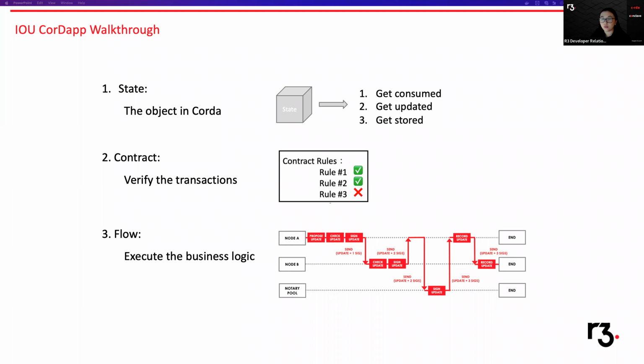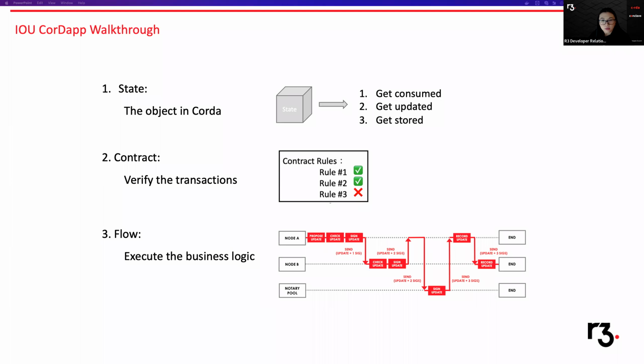In this session, I want to focus more on the CSDE. But as a brief explanation, the state is an object in Corda, which ultimately can be consumed, updated, and stored. Contracts verify transactions and make sure that the state changes follow certain rules that we set. And lastly, the flows execute the business logic side for a CorDapp.